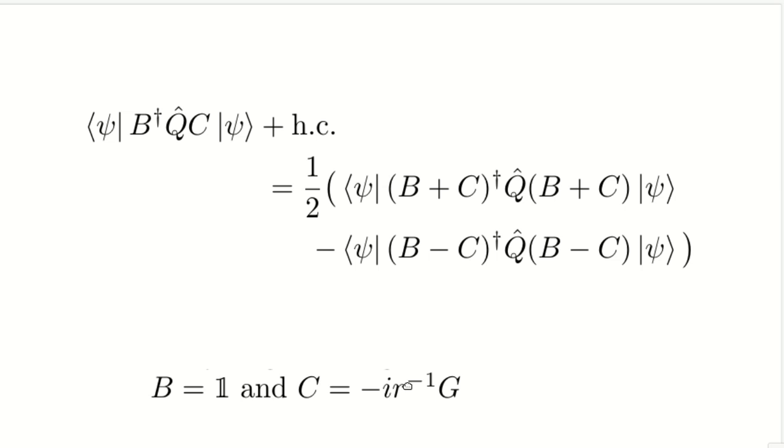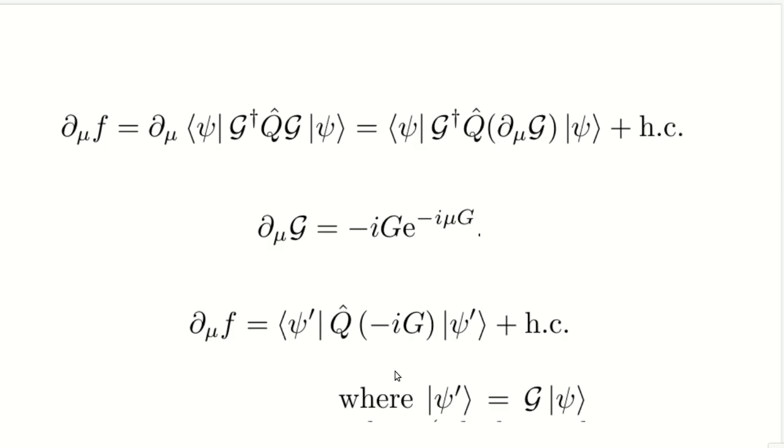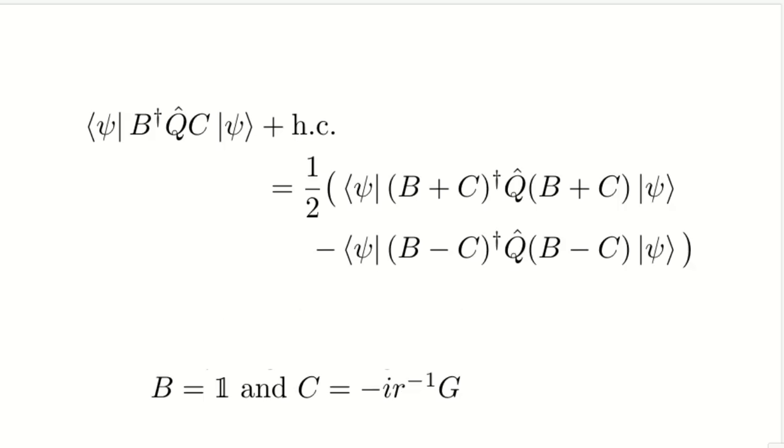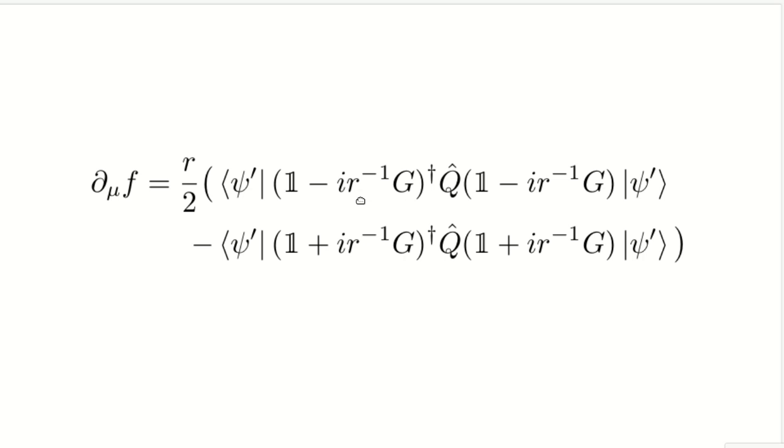And what we are doing is multiplying and dividing this whole expression by r. R was basically the eigenvalue of G, is what we have assumed. So if you substitute b equal to identity and c equal to minus I times r inverse of G in this very general expression, you will be left with this thing, b minus c, and this b plus c.